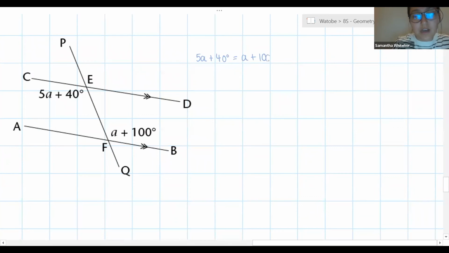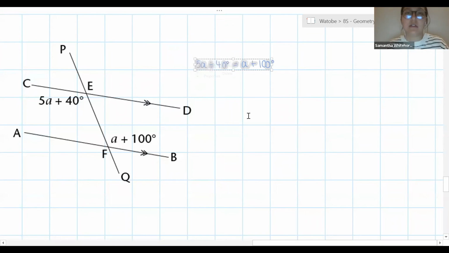Okay, are you 100% sure on your reason? Because I definitely do agree that they are equal. So remember, vertically opposite angles would be like that angle over there being equal to that angle over there, or this angle being equal to this angle.